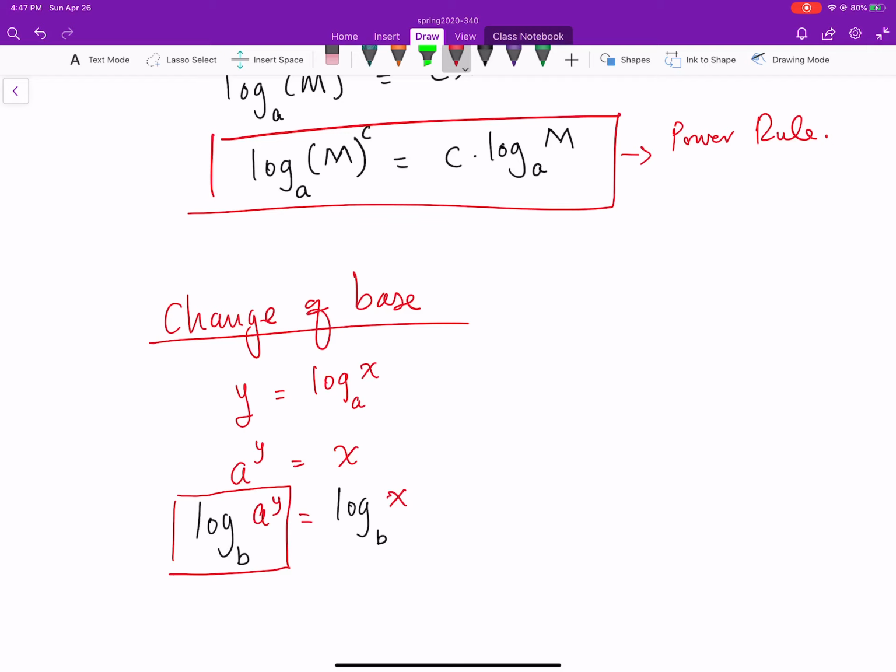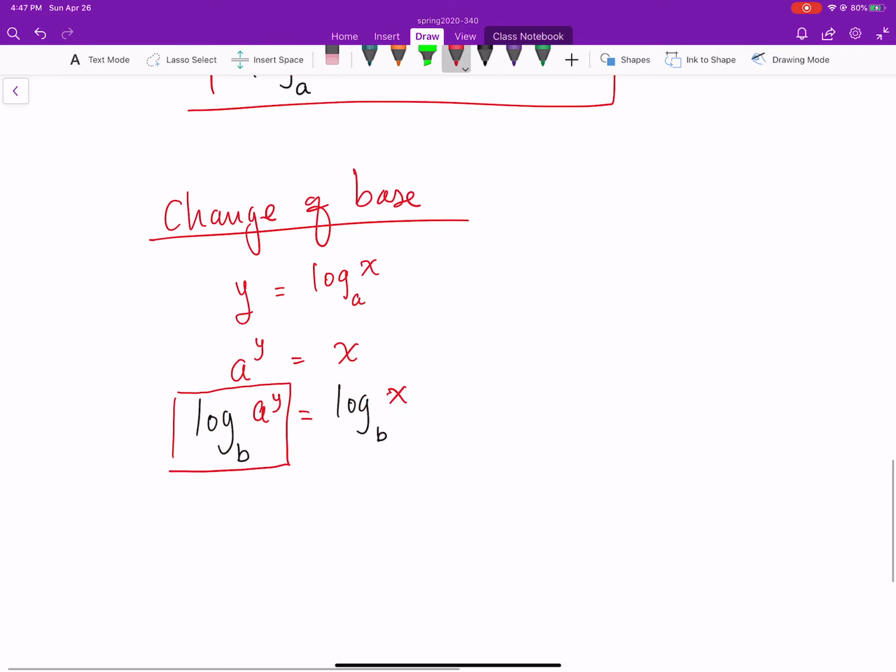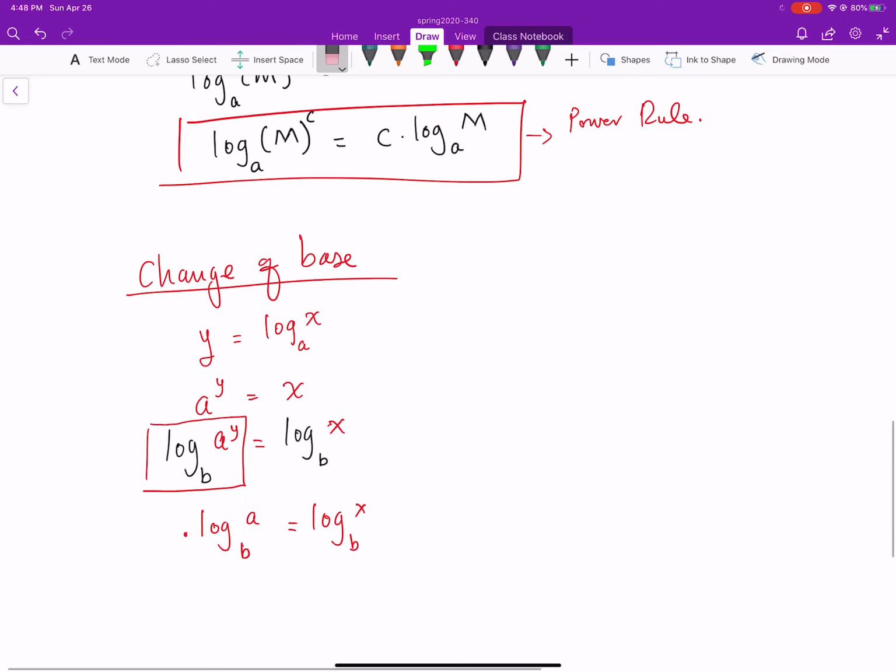It's log b of a raised to the y. The property says that I can drop the power in front of the log, and that will resolve what I'm trying to do over here. So here, if I drop the power, I get y times log b a is equal to log b x. Sorry, I did a boo-boo over here. It's supposed to be y.